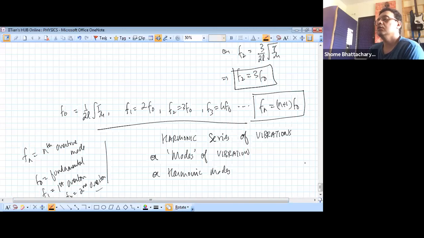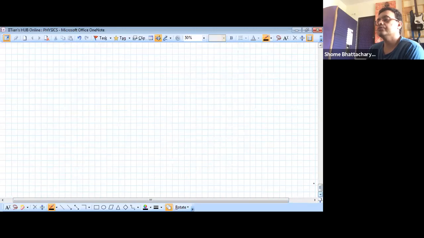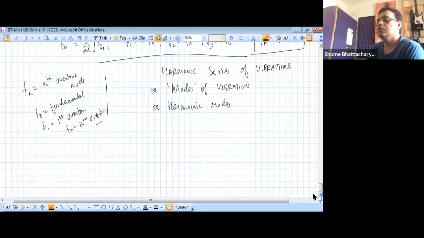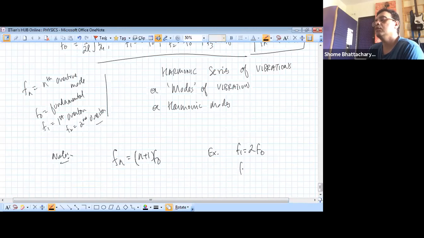Like that. Also important, this last point we will conclude. We have this formula. So for example, F1 is 2F0, F3 will become 4F0, like that.